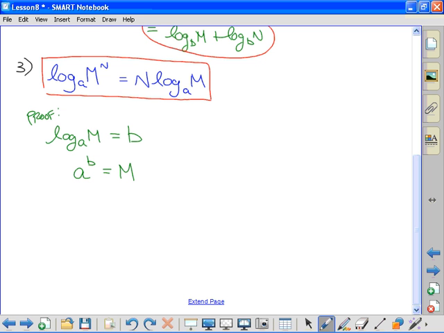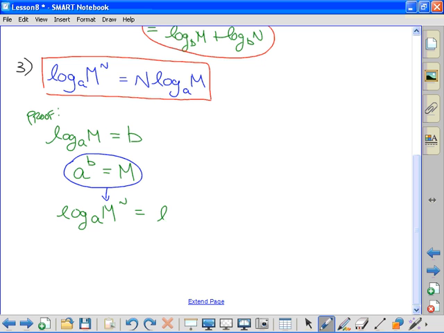When I go back to the original statement, log base a of m to the exponent n, I'm going to replace that m with that value.